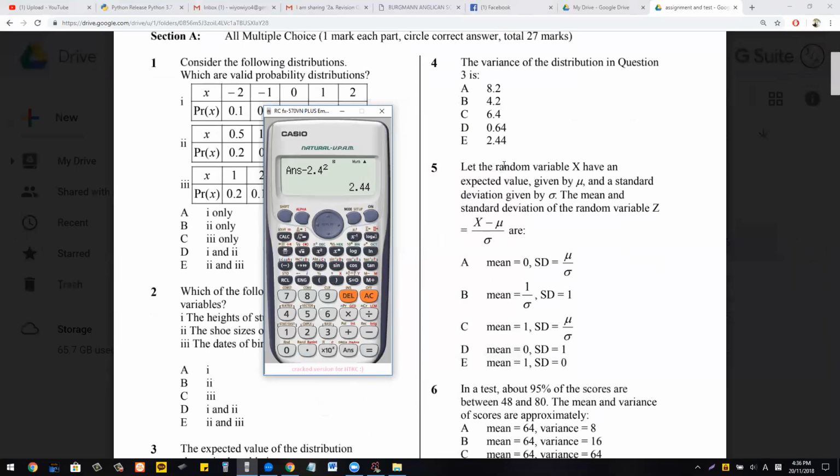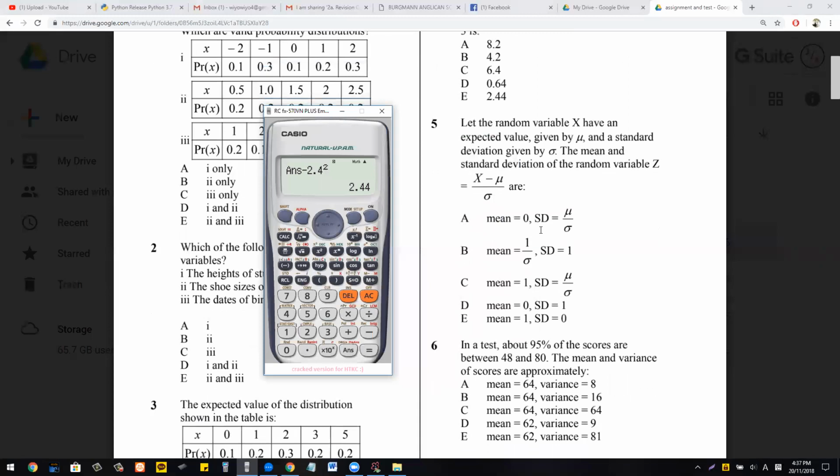Now let the random variable x have an expected value given by mu and standard deviation given by sigma. The mean and standard deviation for the random variable z. So that's z equals to. So you know this formula, right? Yeah. So what do you think is the answer for this multiple choice question?